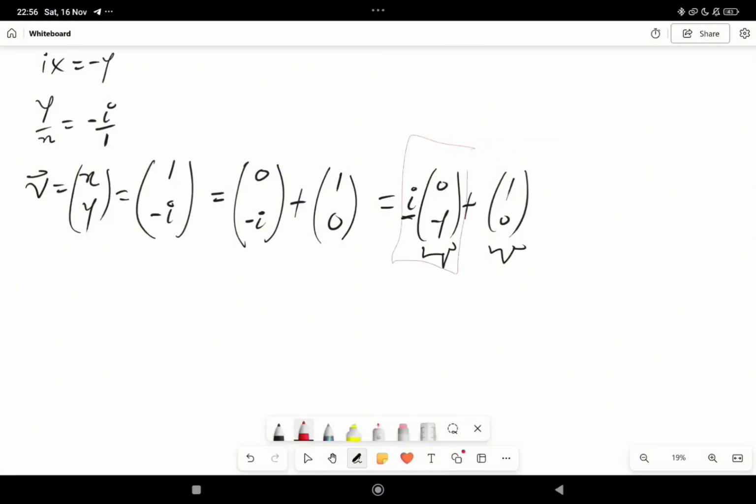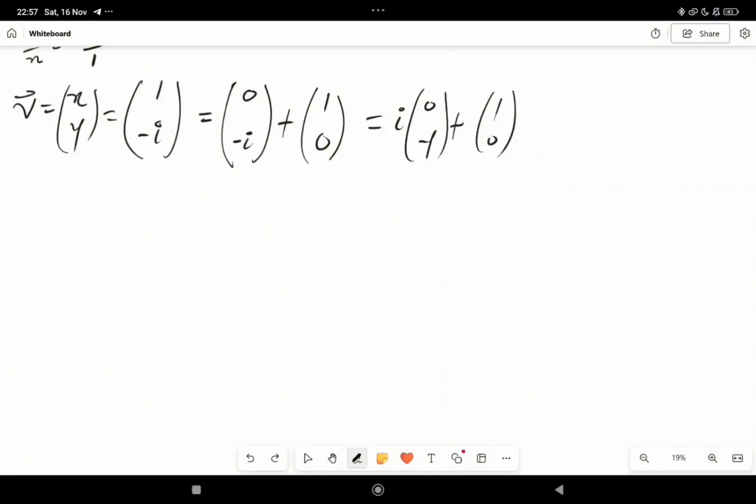You know that this is for the imaginary part and this belongs to the real part. We have to keep that in mind. We go ahead and write our P matrix. We write the imaginary part first, followed by the real part. So if this is U and this is V, we write U first and then V. So our P is equal to, the value of our U is 0, minus 1, and the value of our V is 1, 0.